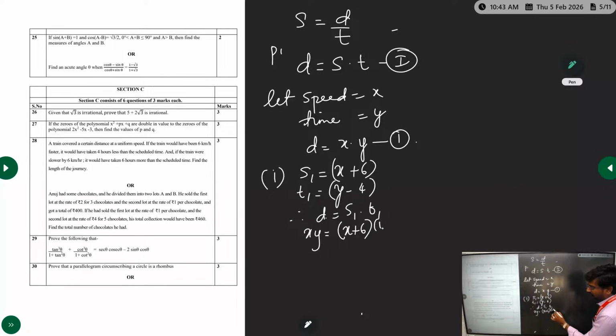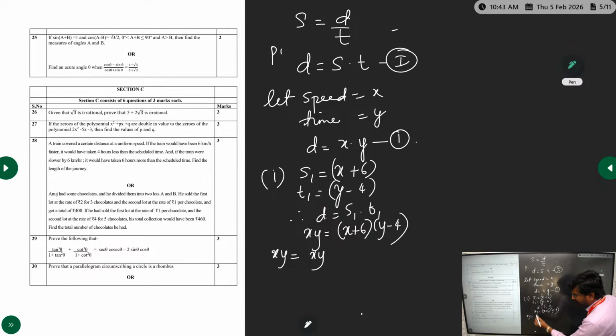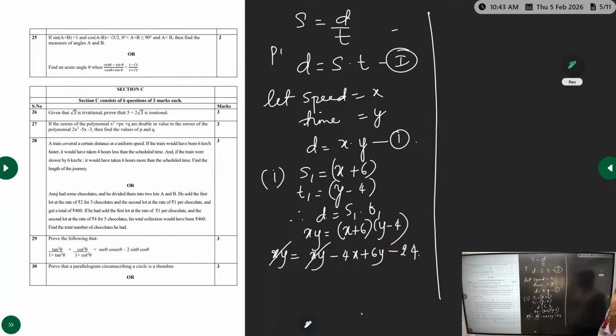What is the t1 value? y minus 4. xy is equal to x into y, again xy, minus 4x plus 6y, plus into minus, minus 6 4s are 24. xy cancel. What is remaining? I am explaining stepwise. Later you can arrange systematically. 0 is equal to minus 4x plus 6y minus 24.